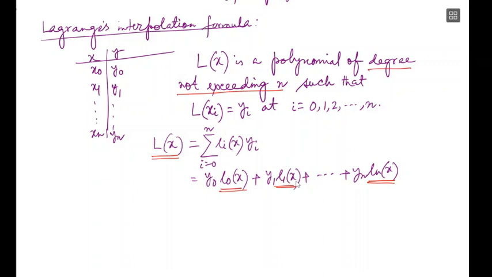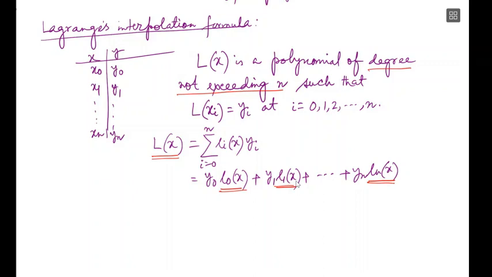Now you see, if we choose the polynomials L0(x), L1(x), ..., Ln(x) in such a manner that L0(x0) will be 1 and all other Li(x) will be 0 at x0, then L(x0) equal to y0 will be satisfied.